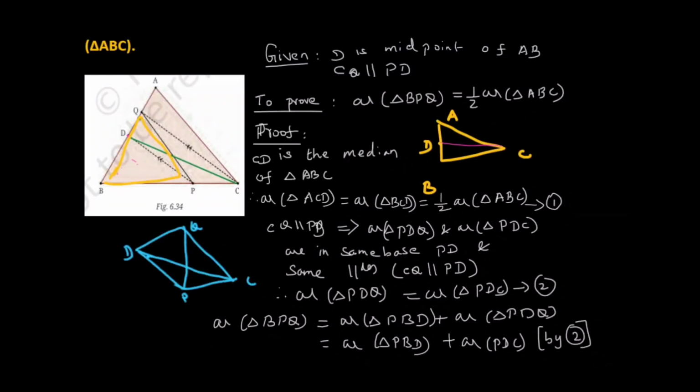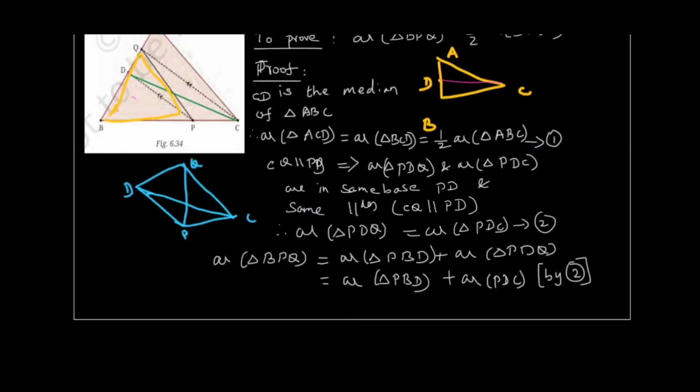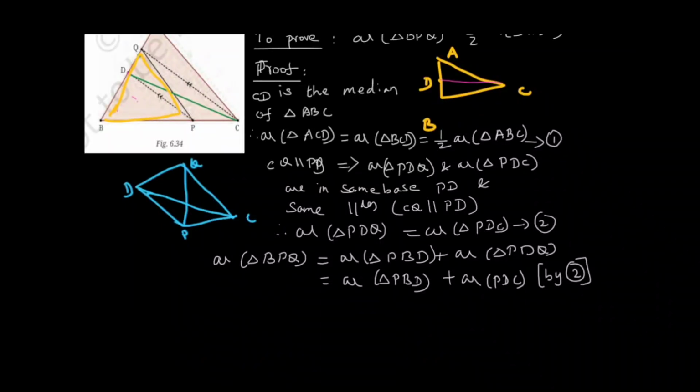Now joining this, PBD plus PCD. Look at the diagram, observe clearly. When we are joining this, we are getting a triangle BCD. Observe correctly, we are getting a triangle BCD.